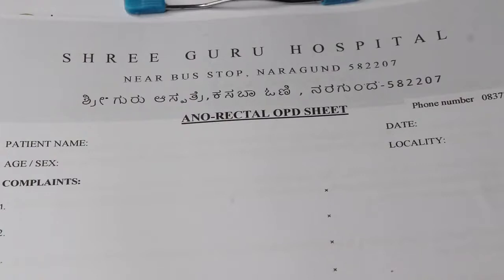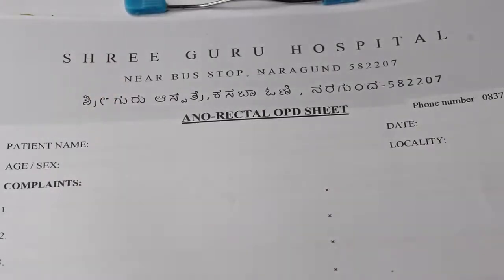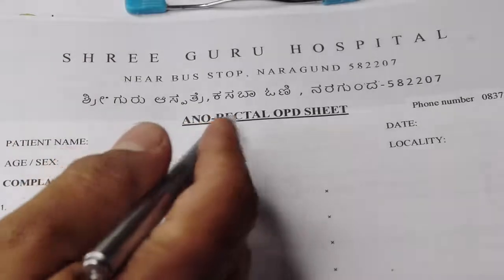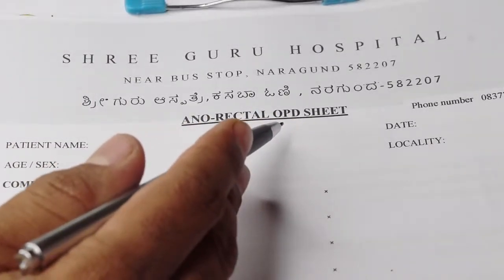Hi everyone. Today I am going to discuss an OPD sheet which is designed for anorectal disorders. As usual, initially the details are given regarding the hospital, and after that the anorectal OPD sheet.